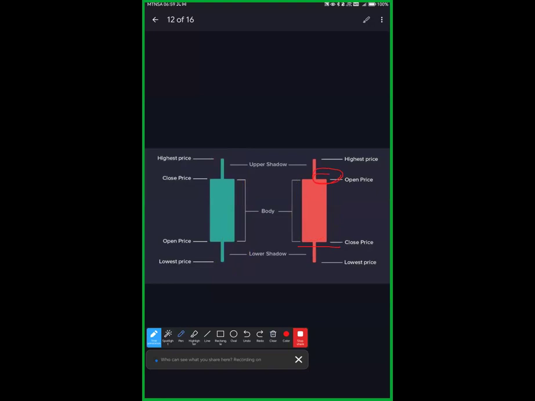The movement is from up going down when it comes to selling pressure, while when it comes to buying pressure, the movement of price is from the bottom going up. That's the only difference. The rest are the same. The candle should have opening price, closing price, the body, the highest price, and the lowest price. So this is what we call candlestick anatomy, parts of a candlestick.